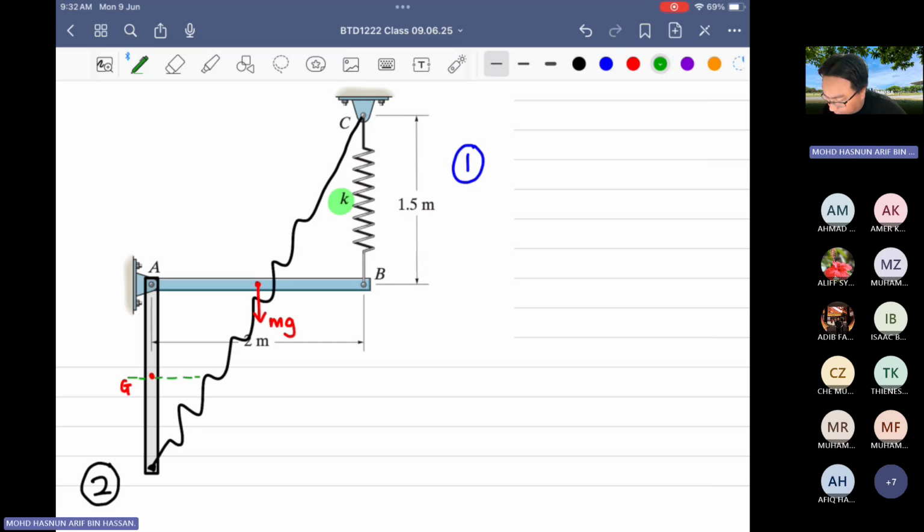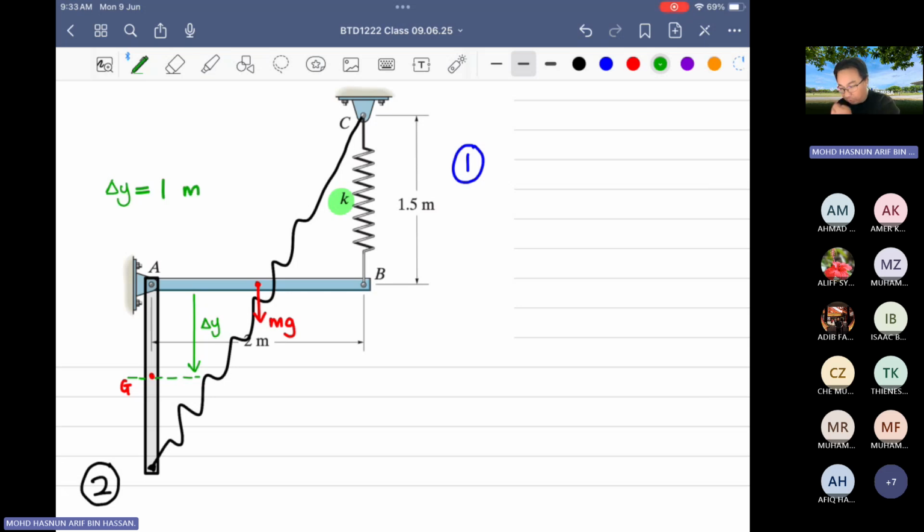This will be delta Y. Same as before. So can you guess what is the value of delta Y? Delta Y is equal to 1, because the length of the rod is 2 meters, and half of that is 1 meter.